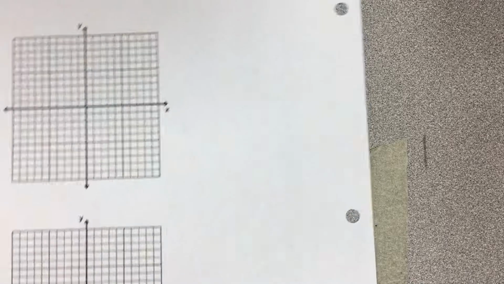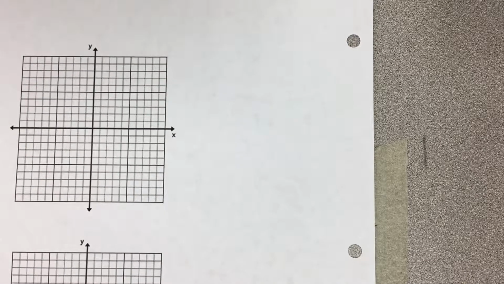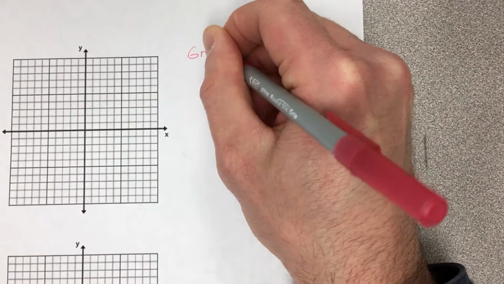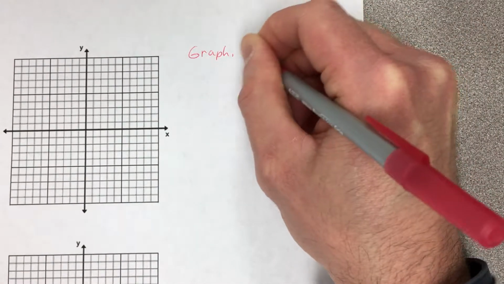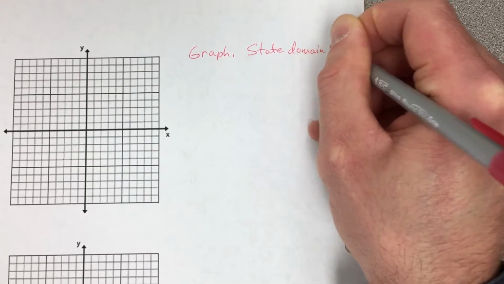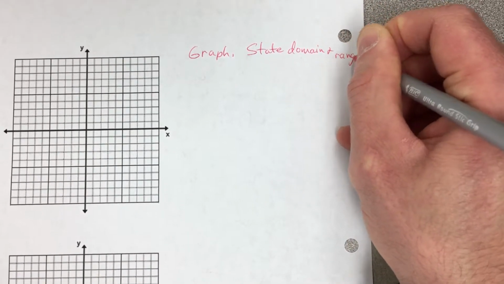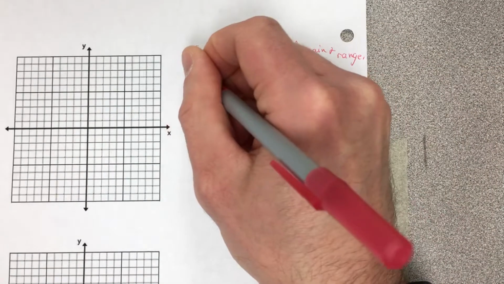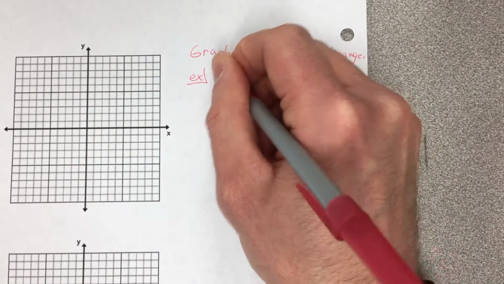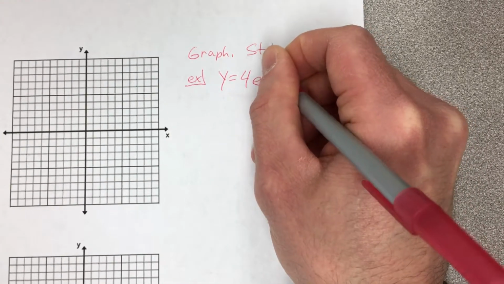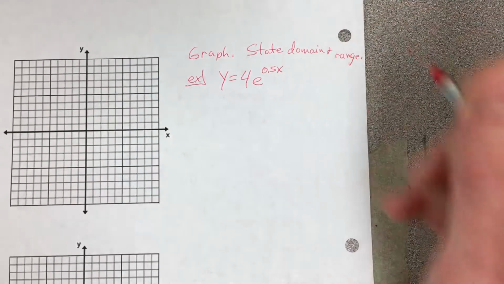We can also graph functions with e. So our instructions are to graph, and along with it, we're going to state domain and range. We're going to start out with y equals 4e to the 0.5x.